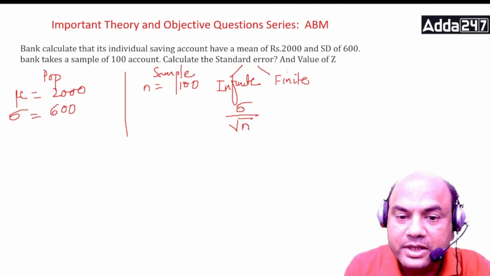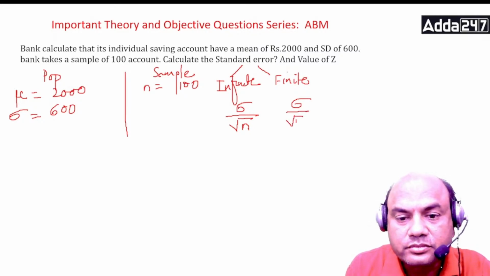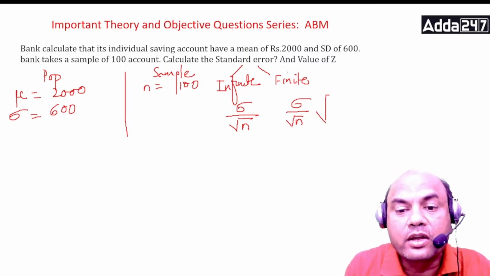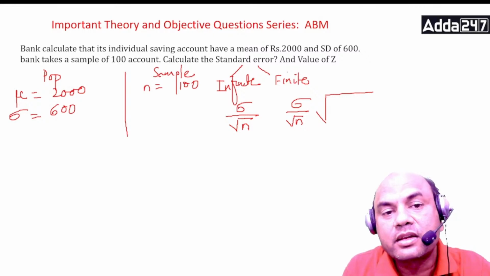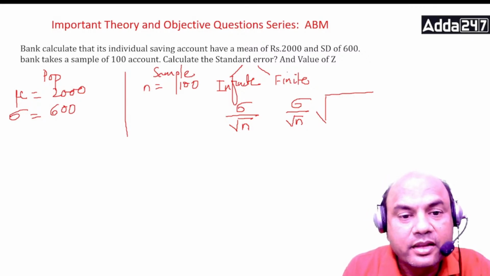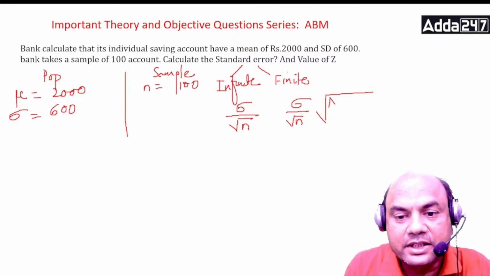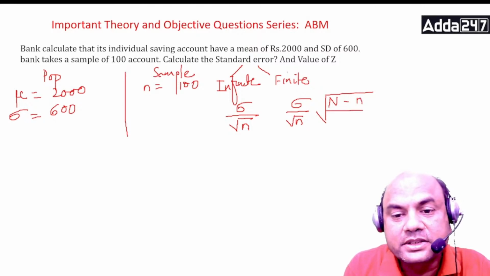And for finite population, it is the same, psi upon root of n, into, now you have to multiply this. Finite means whenever you know the population size. If they had given that savings accounts are, let's say, 500, then it would have been a finite population. So into the root of capital N, the population size, minus n, the sample size, upon N minus 1.